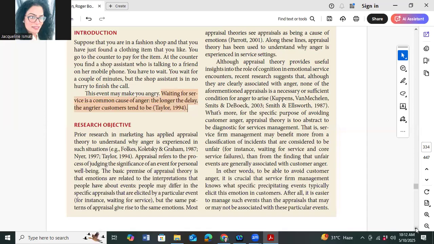Now what I'm doing is on my page I am making maps. So this is about customer's anger for not being attended.